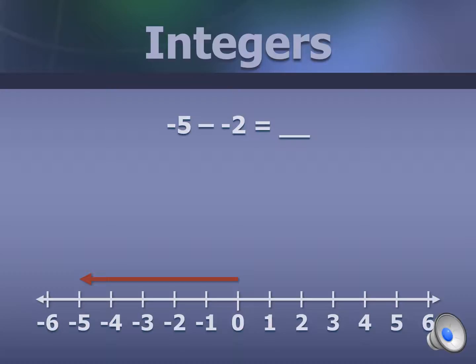Now, this is where I want you to refer back to what I said about inverse operation. Now remember, inverse operation means the opposite operation. So we're going to actually be doing the opposite of what you think that we should do here. So if you looked at this problem, you probably thought, okay, since I'm subtracting a negative number, I need to continue moving that arrow to the left because it's another negative number. But in actuality, we're going to do the opposite.